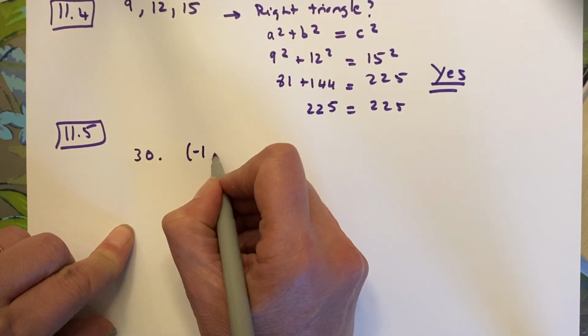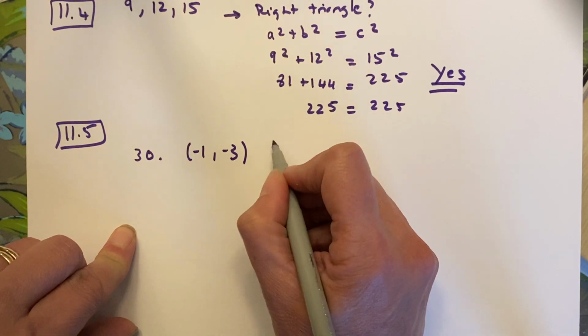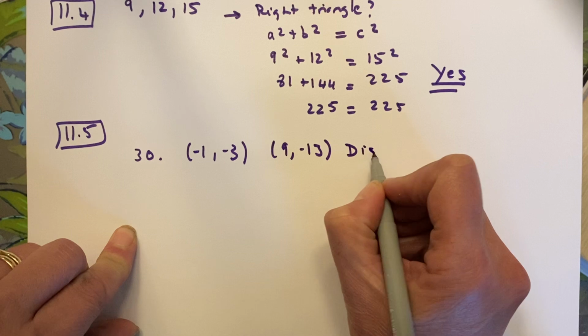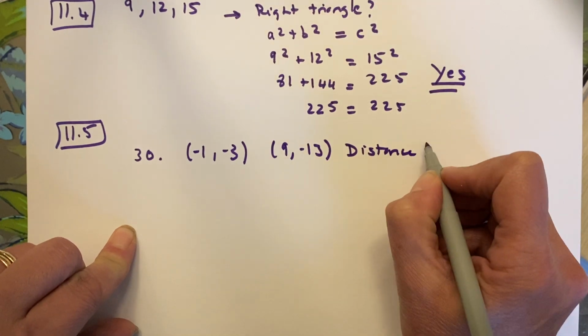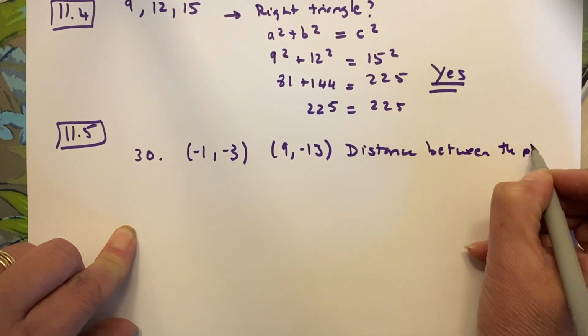If we have the points -1 and -3, and 9 and -13, and we're asked to find the distance between the points.